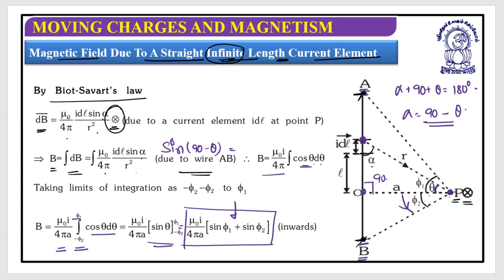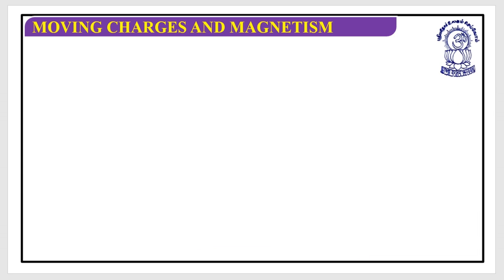What we understand is that this is just the theoretical session. You must have covered this in your theory sessions as well. Suppose this is a conductor with a current I flowing through it. You require the magnetic field at this point P, at a distance r from the current carrying conductor. Your first task is to draw a line from the point where you require the magnetic field to each end of the conductor.